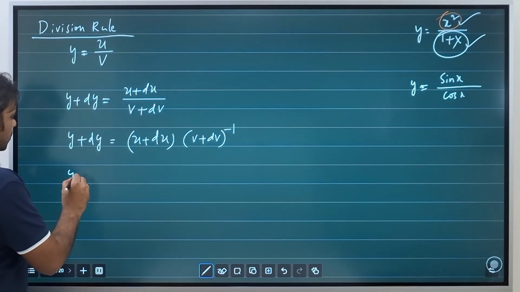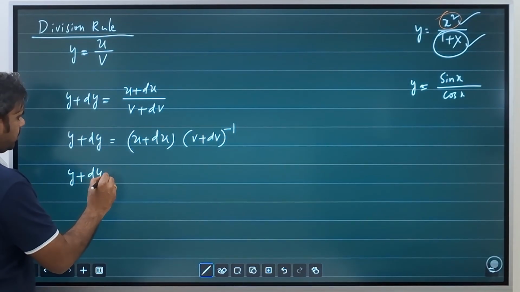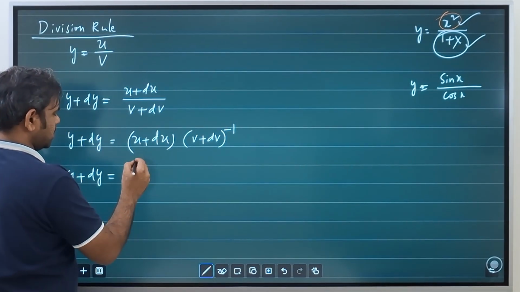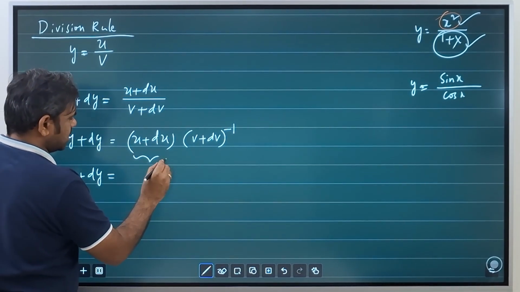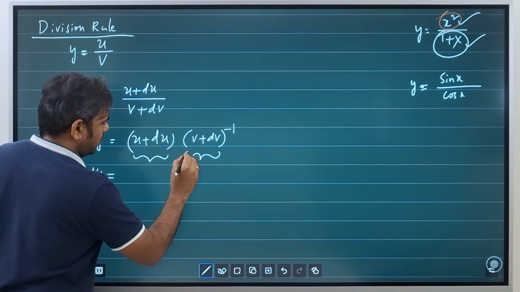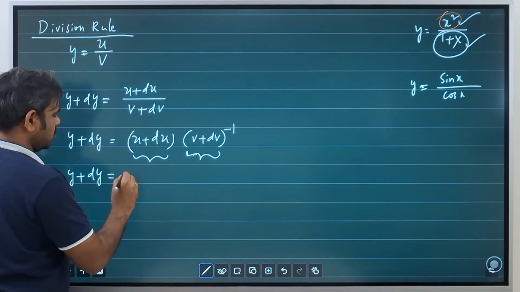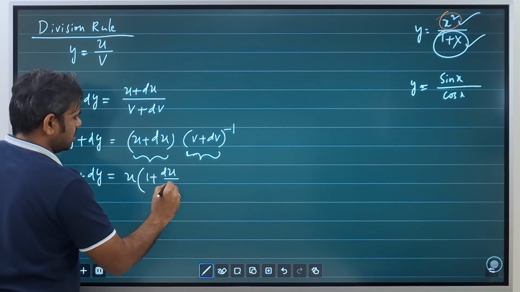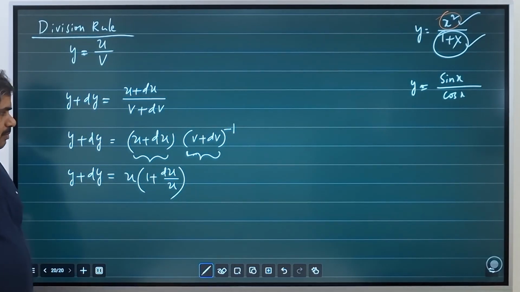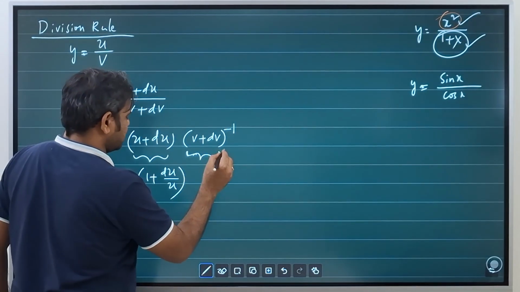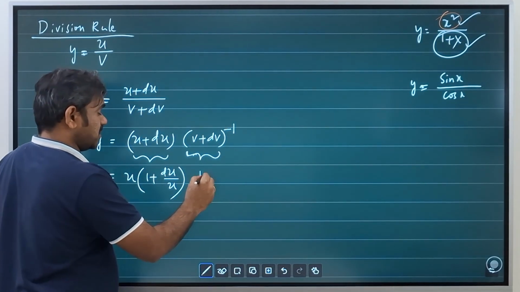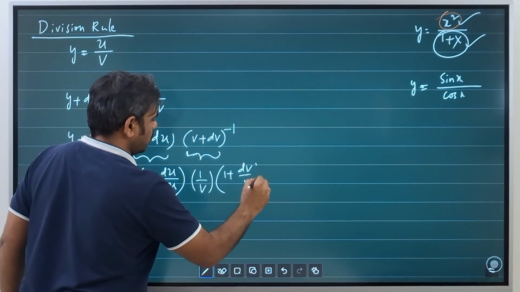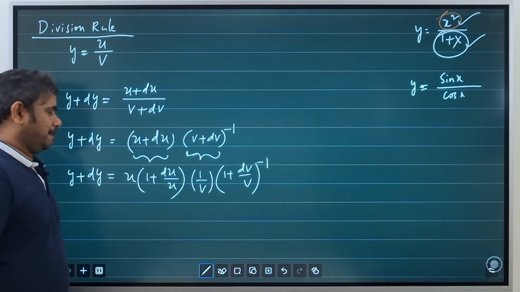Now what we are going to do is, we take u common in this term and v common out in this term. So u comes out. This becomes 1 plus du by u. Here v comes out, v power minus 1, this is 1 by v. So 1 plus dv by v whole power minus 1.